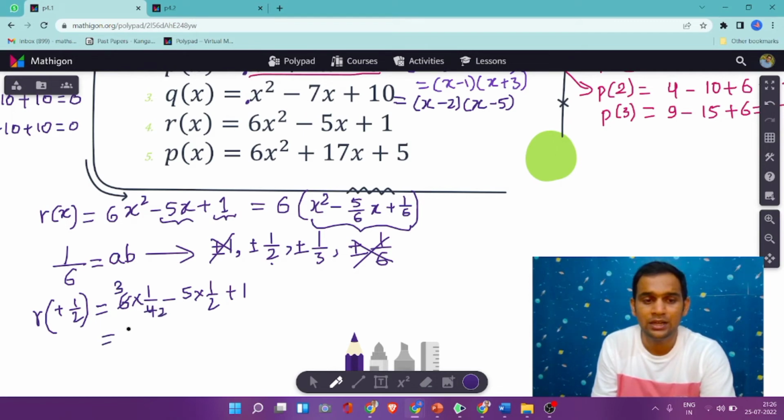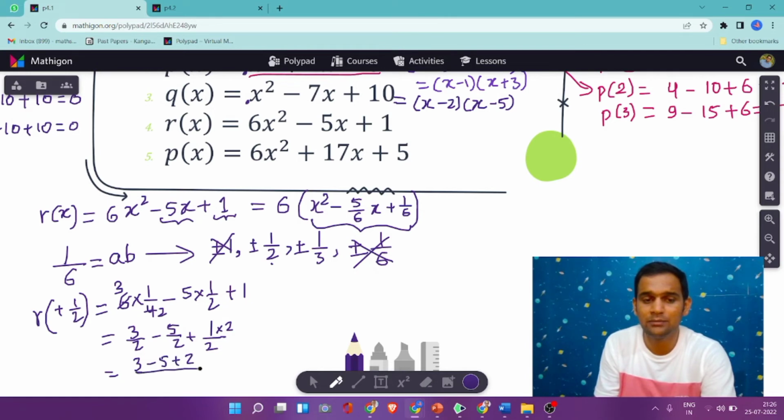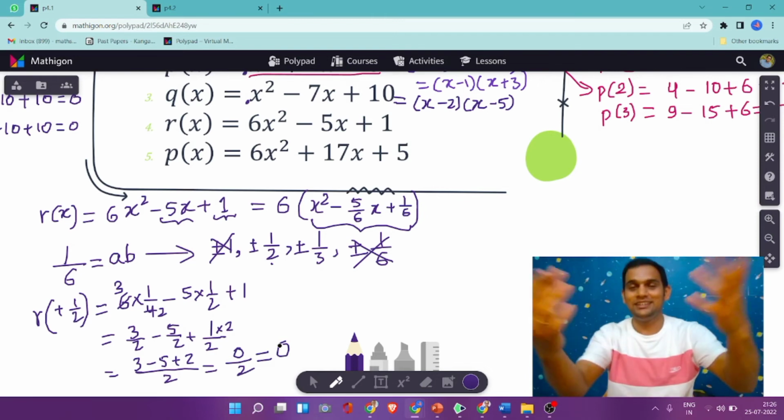So we get 3 by 2 minus 5 by 2 plus 1. If you take the LCM, we get 2. So we multiply this also by 2. So we get 3 minus 5 plus 2 divided by 2. So 3 minus 5 is minus 2, plus 2 is 0, divided by 2. That is equal to 0.